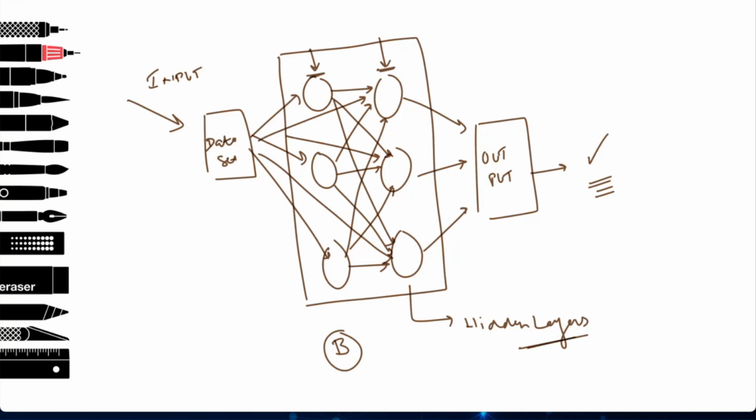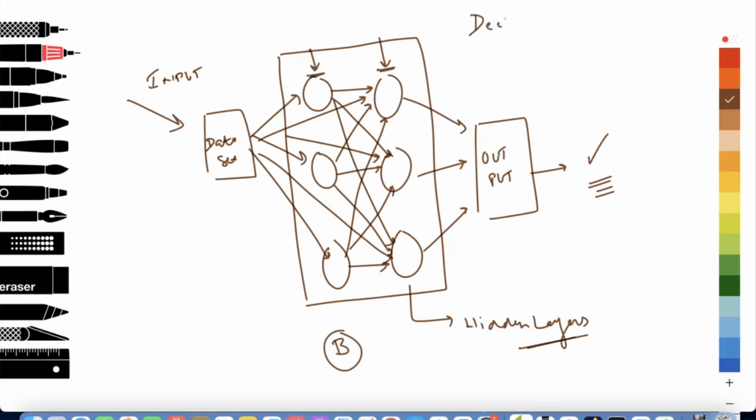So deep learning, right? Deep learning refers to the depth of layers in the neural network. There is a meaning to this deep. This deep means the number of layers. How many layers are there in the neural network on which the model is trained?